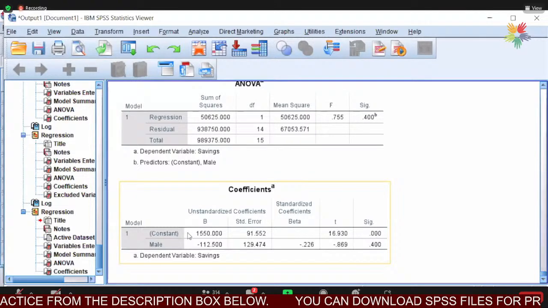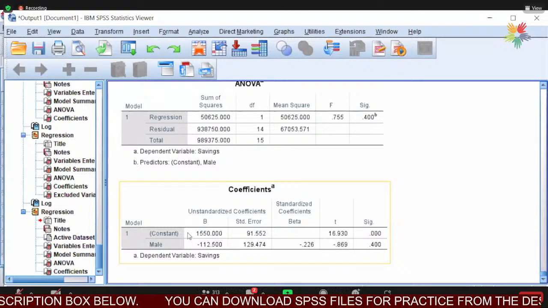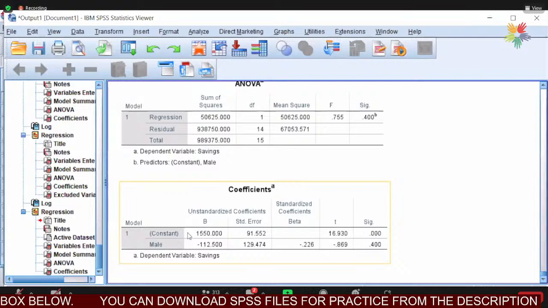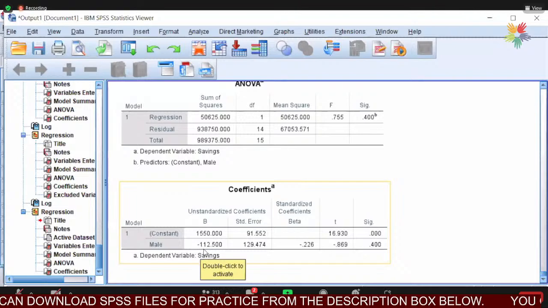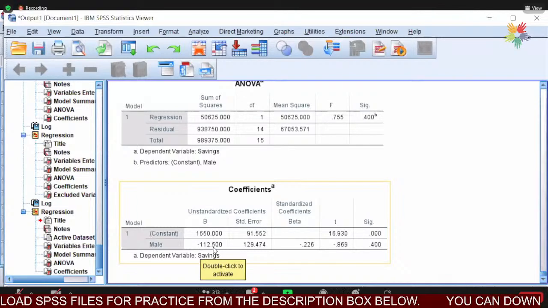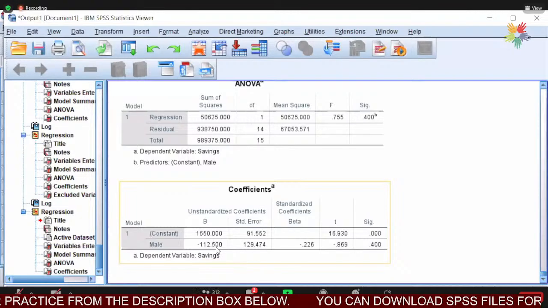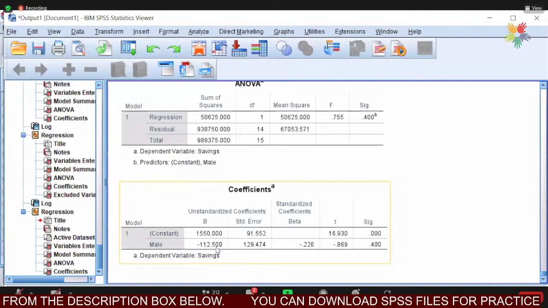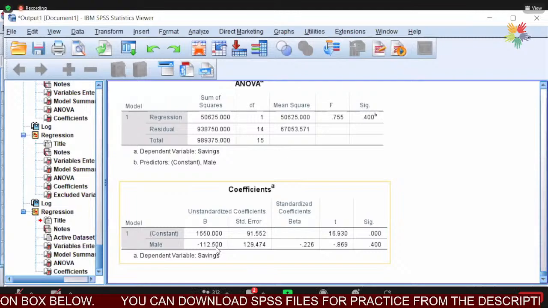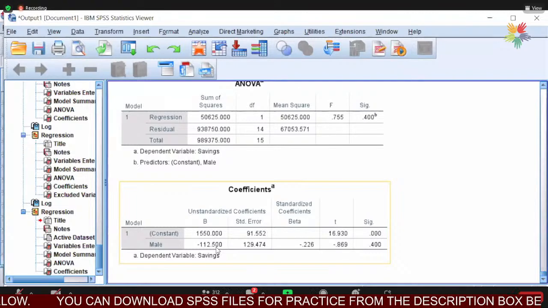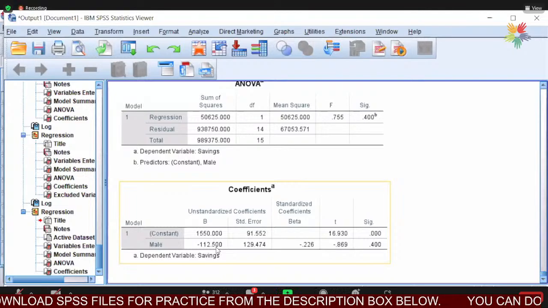Now my variable is the categorical variable, that is a male dummy. So now my beta is minus 112.50. What is this? This means the male saves 112.5 rupees less than my reference category.